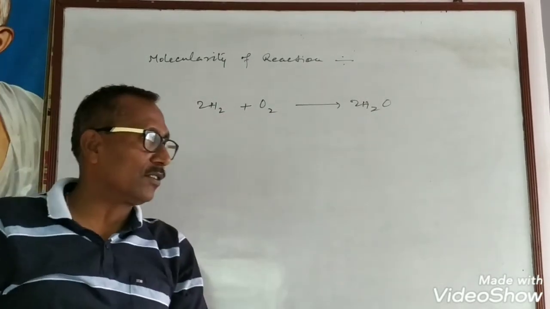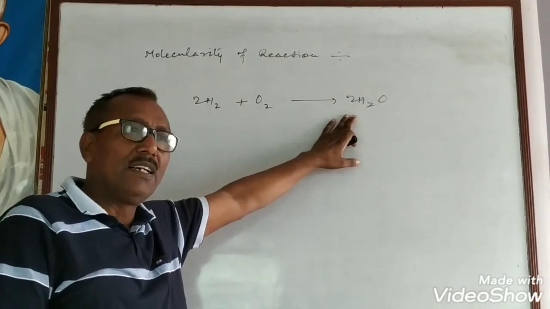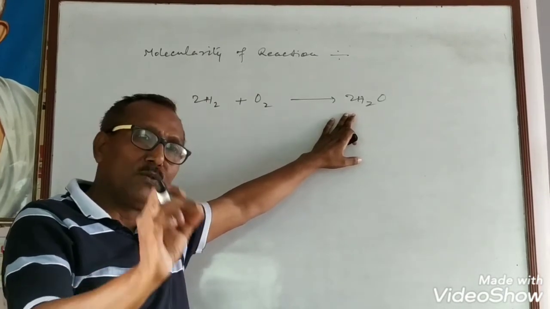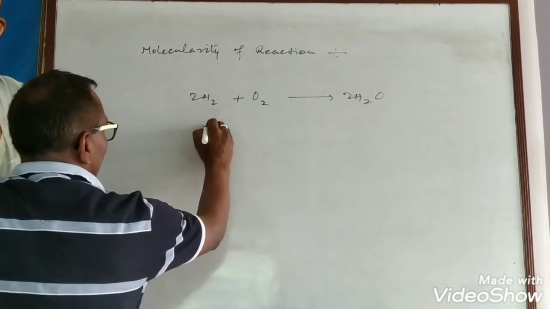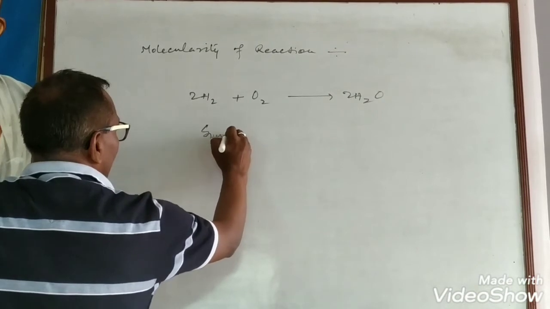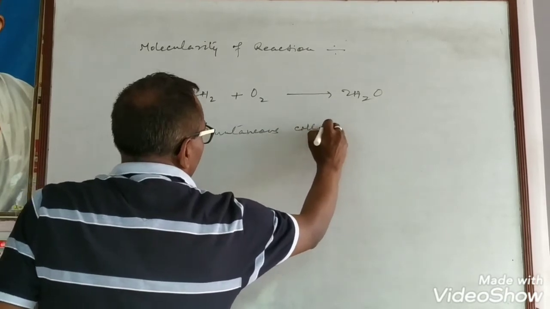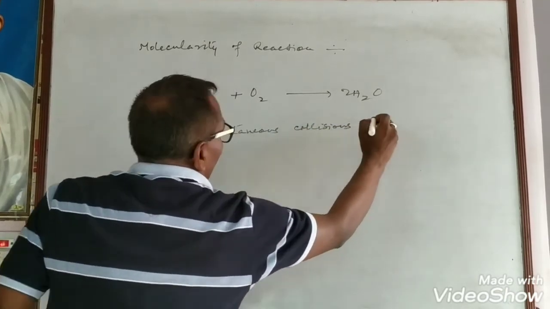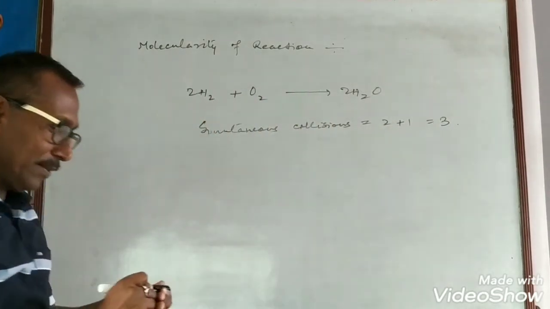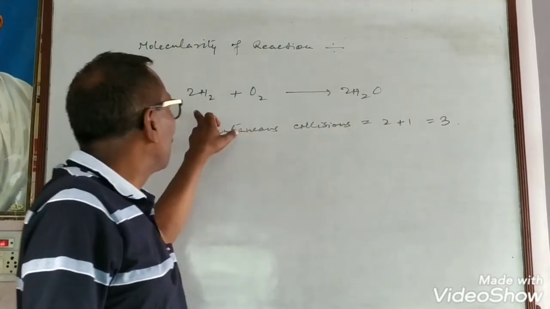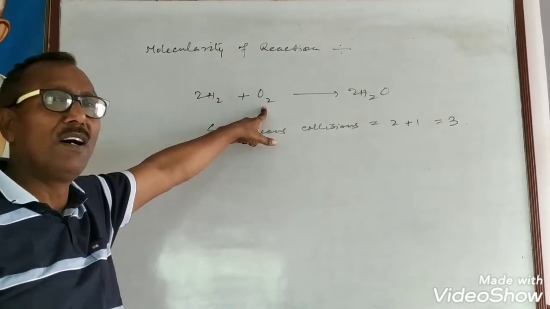We consider this reaction. Now, if this reaction is carried out in one step, with simultaneous collision, 2 plus 1 equal to 3, that is 2 moles of H2 and 1 mole of oxygen.